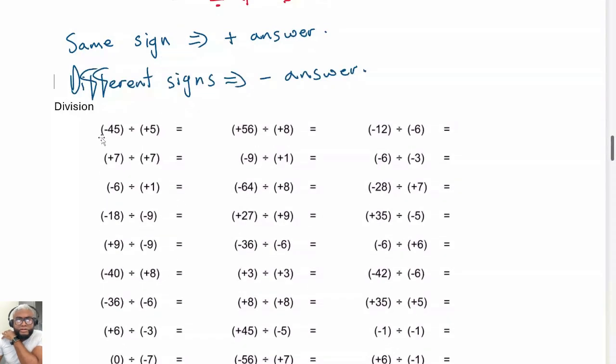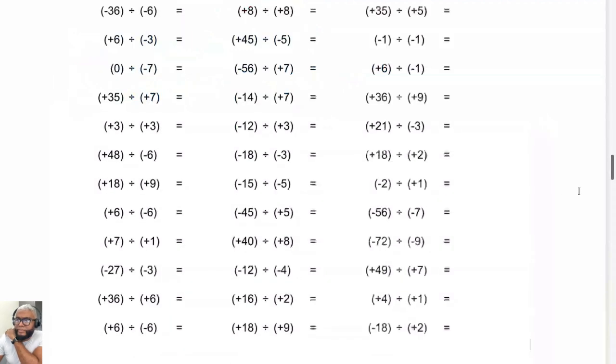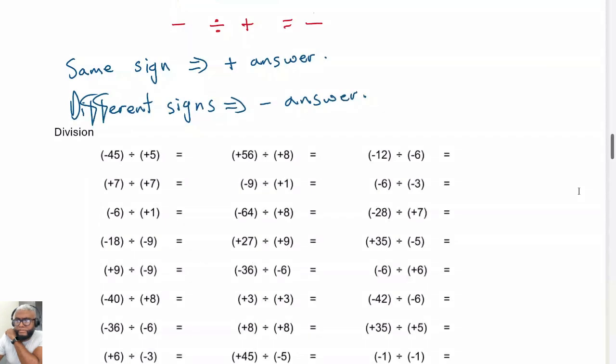So negative 45 divided by positive 5 will give me what? Negative 9. Excellent, right? A negative divided by a positive is a negative. 45 divided by 5 is 9.